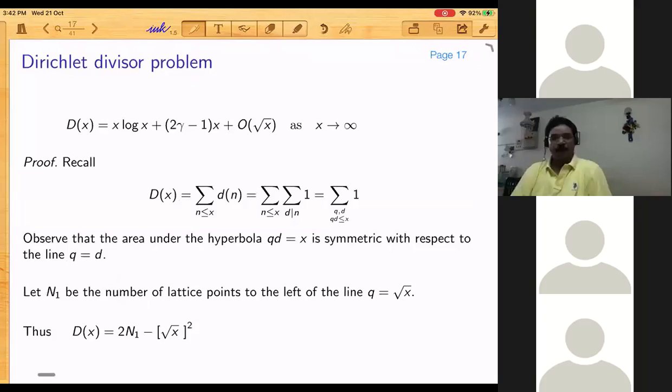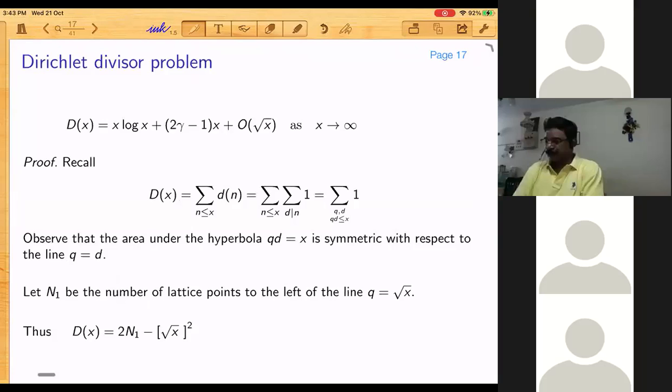Dirichlet in fact proved that D(x) is x log x plus (2 gamma minus 1) times x plus O of x to the power half. And it's not difficult again to show this result.